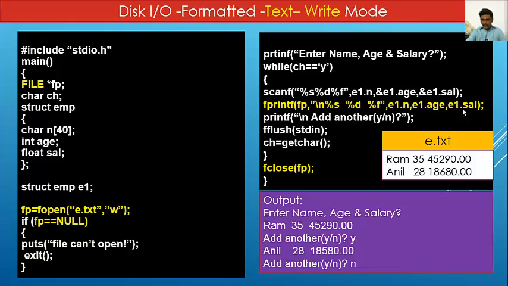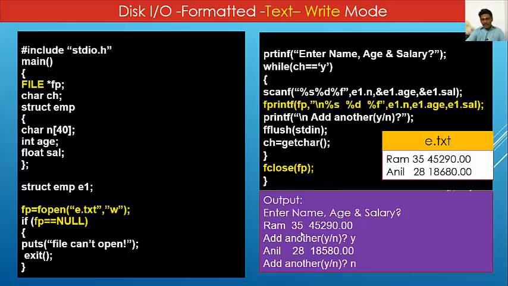The remaining is the same as printf. These values are written in this format into the fp file. The fp file already holds the address of e.txt, so that information is stored into e.txt.